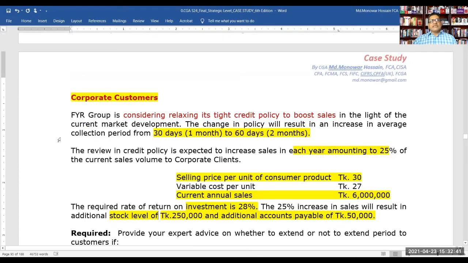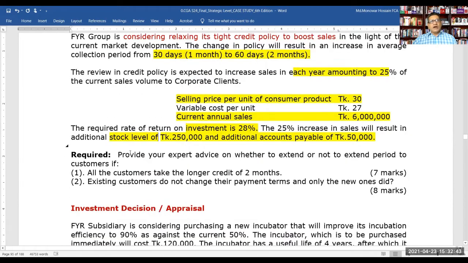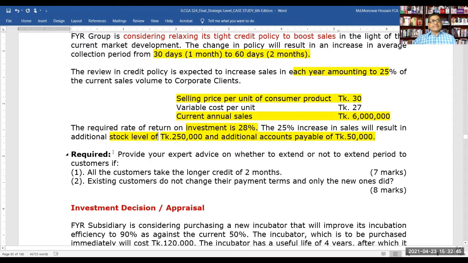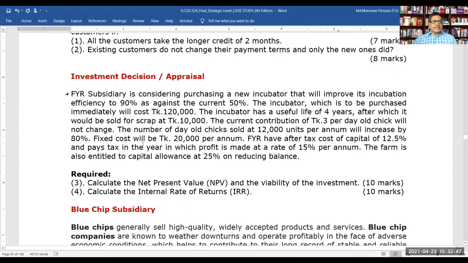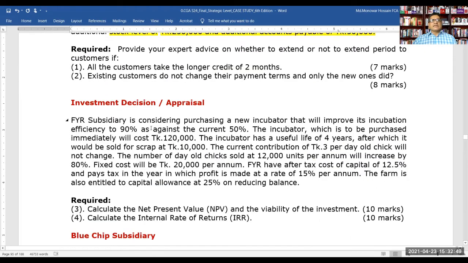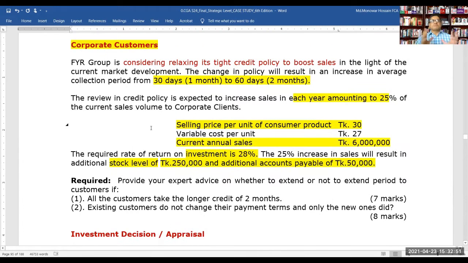So within this scenario, the requirement is case by case. Sometimes in this type of case study, all requirements come after completing all the cases, but sometimes within the case the requirement can be fixed.